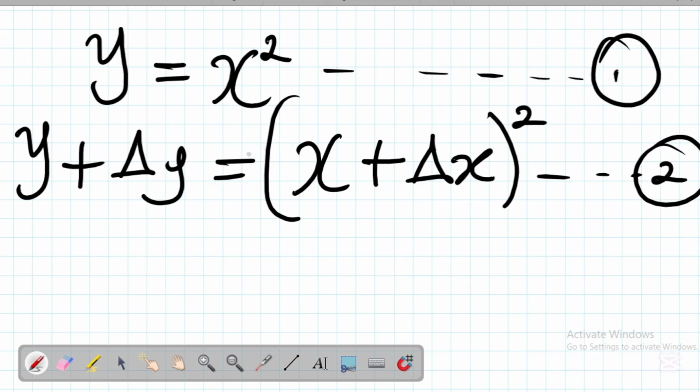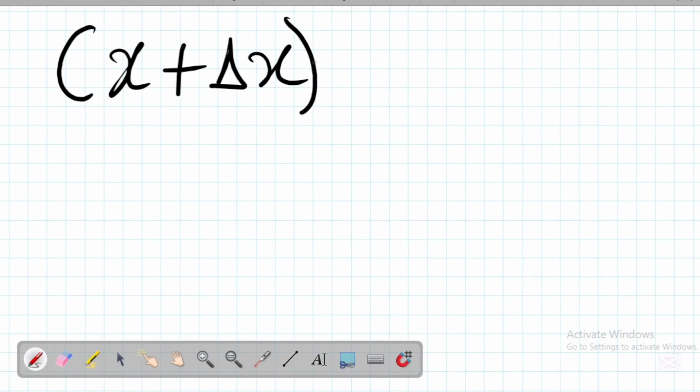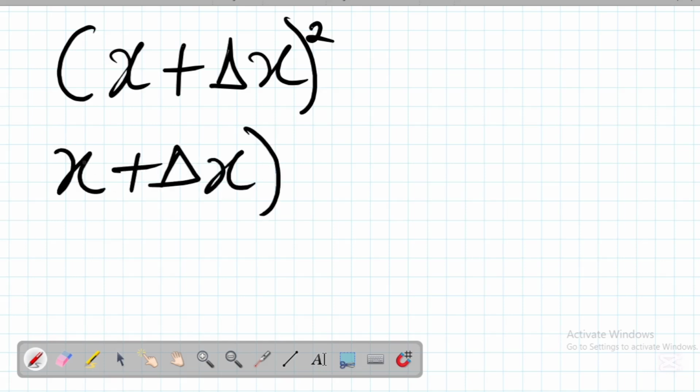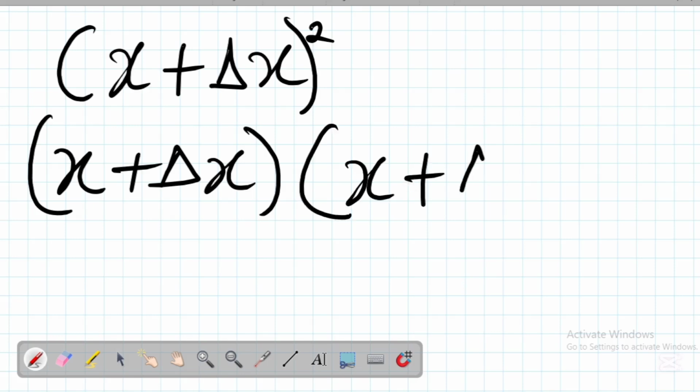Our next task is to expand this bracket. So here we have (x plus change in x) all squared. First of all, (x plus change in x) all squared is the same thing as (x plus change in x) multiplied by (x plus change in x).